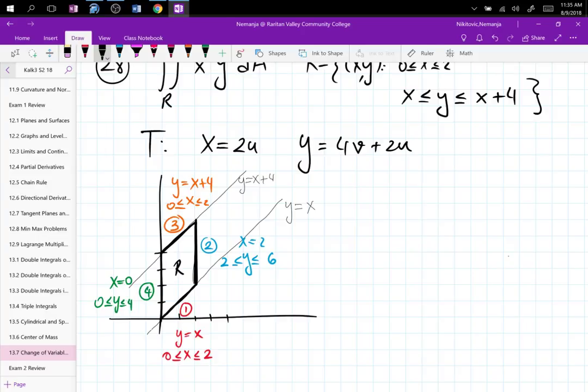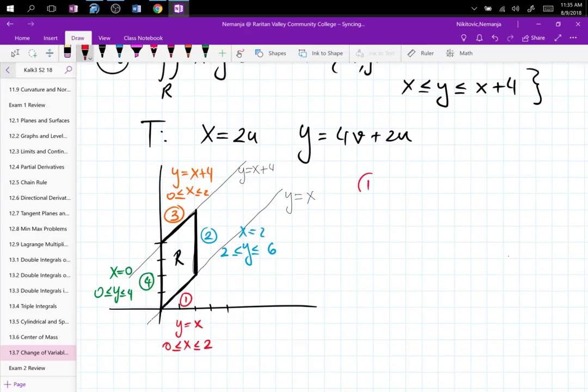So we have these. I'm going to start with the red one, number 1. I write y equals x, and x stuck between 0 and 2. Plug in stuff. 4v plus 2u, that's y, equals x, 2u.